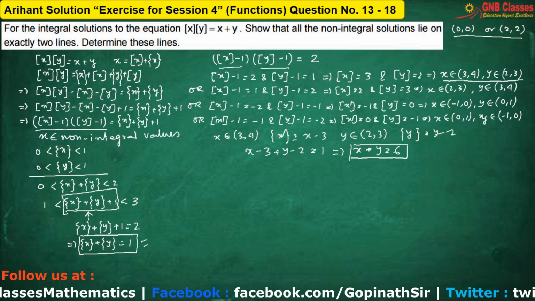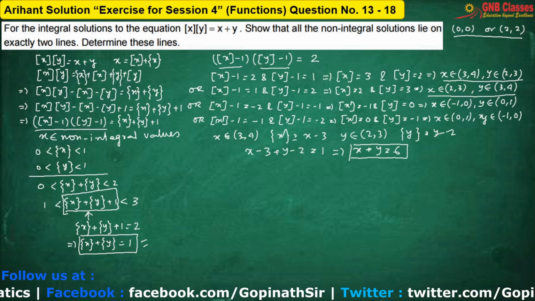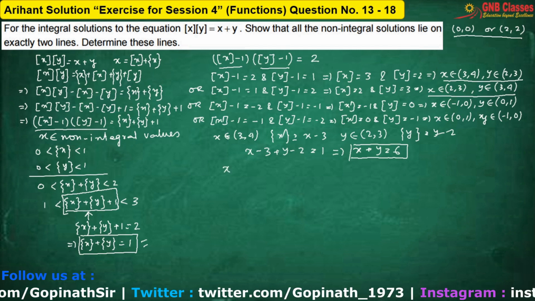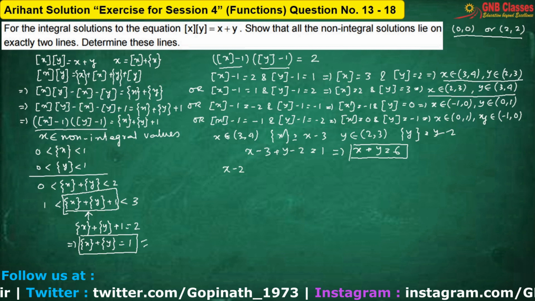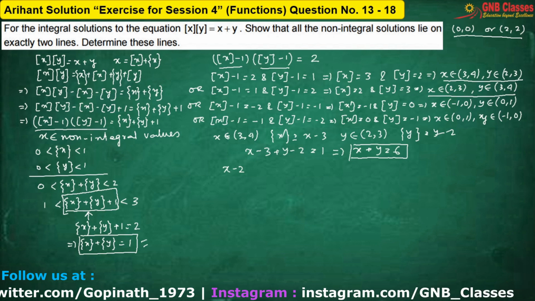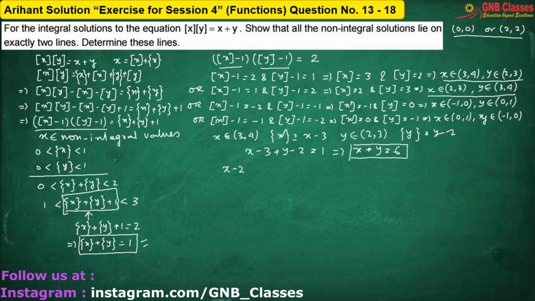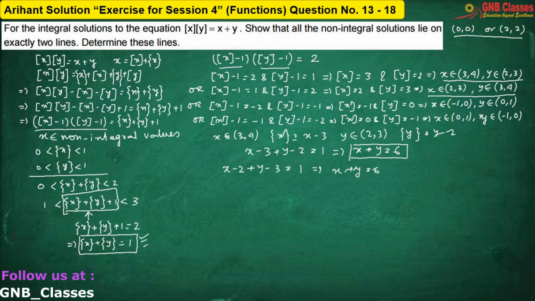Now let us consider the second part. As x belongs to 2 to 3, the fractional part of x is x minus 2, and as y belongs to 3 to 4, the fractional part of y is y minus 3. Therefore, again from this equation we get the same equation, right?